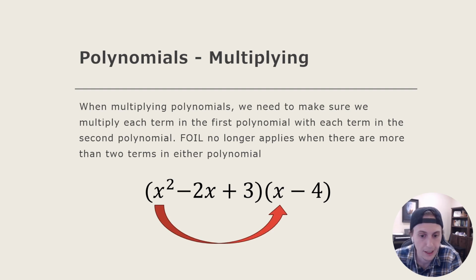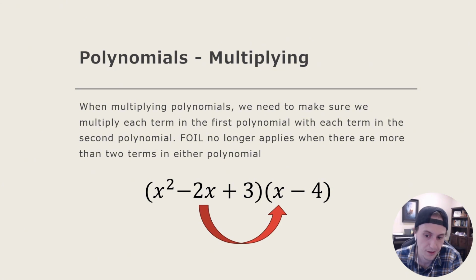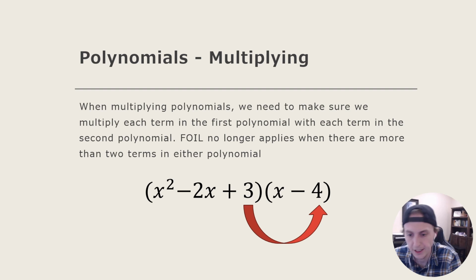Oh, and here's arrows if that helps you for visually understanding what I just said. So you have those first ones, and then you multiply by the second. And then you take the negative 2x and do it to the first, and then the second. And then you take the 3 times it by the first and the second.